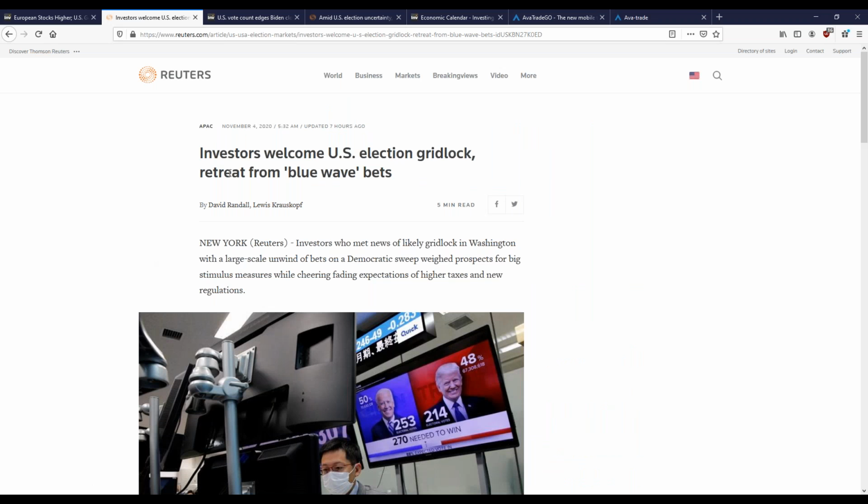If we take a look, here's another headline, another source. It's good to look at more than one source with your fundamental news. So we're looking at Reuters now. It says investors welcome U.S. election gridlock. So when they say retreat from blue wave bets, a blue wave, for those of you that don't understand, in the U.S. red is for Republicans, blue is for Democrats, and many were thinking there would be a blue wave and the Democrats would take over the Senate and the House and the presidency.